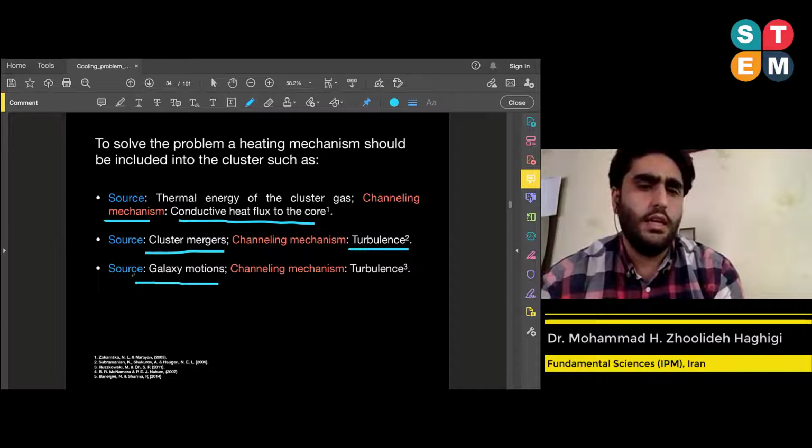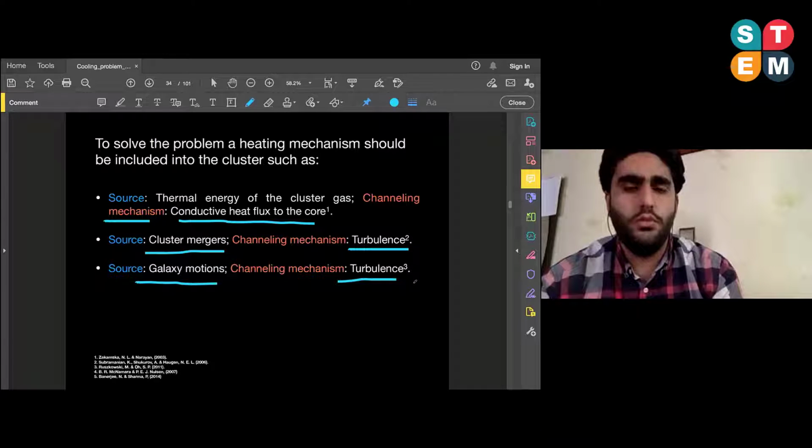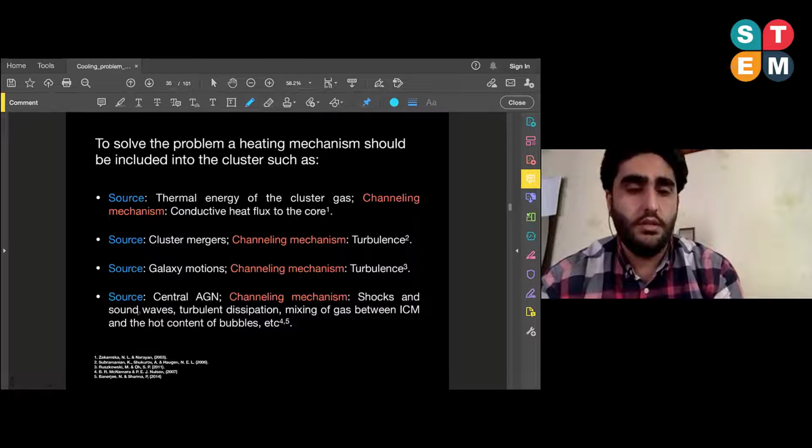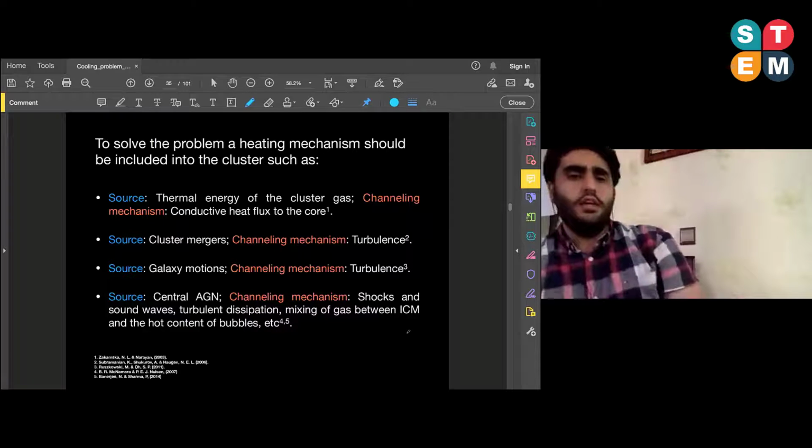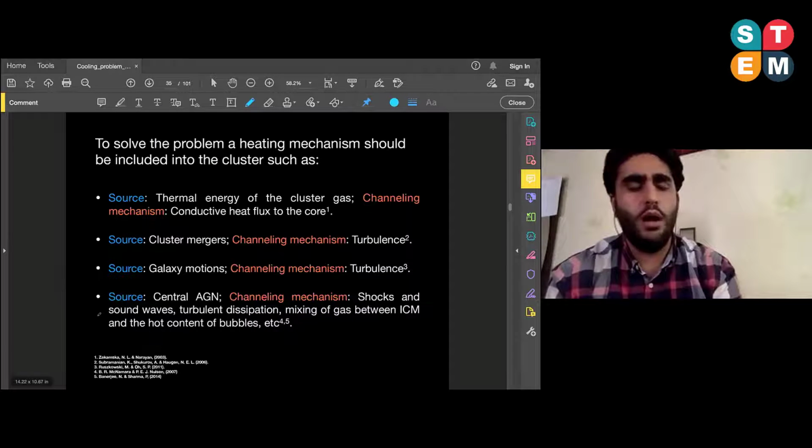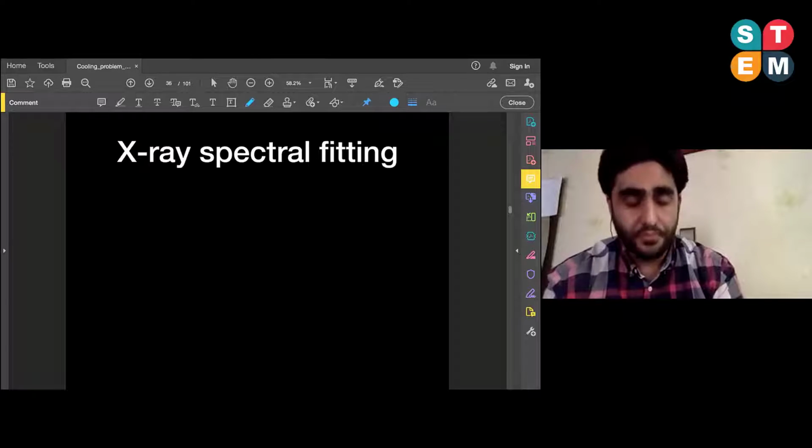Another source is galaxy motions in the clusters, which can produce turbulence, and turbulence can finally lead to enough heat to heat the central region. And finally, the central AGN can be seen as a heating source, and shocks, sound waves, turbulent dissipation, and mixing of gas between the intracluster medium and hot content of bubbles can heat up the central region.